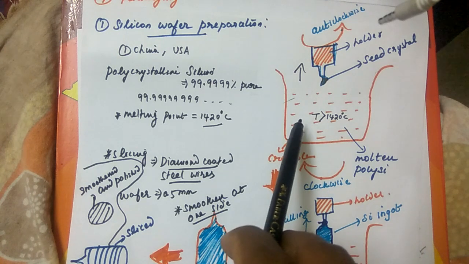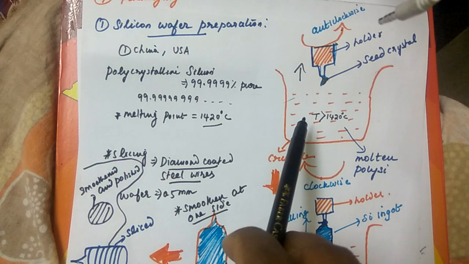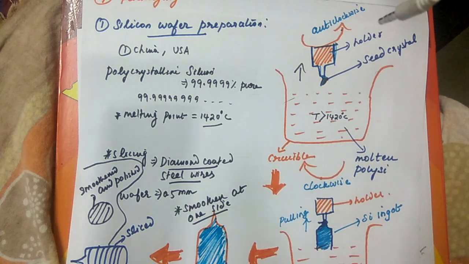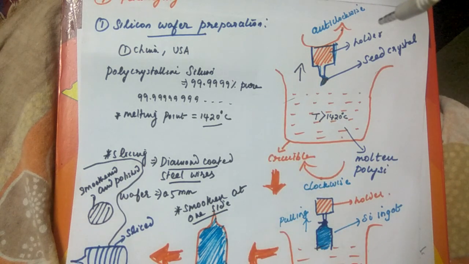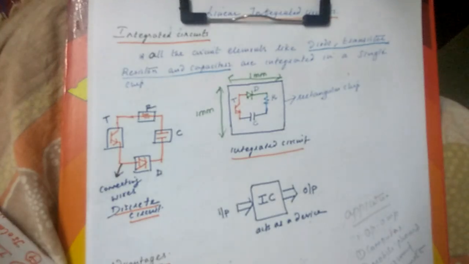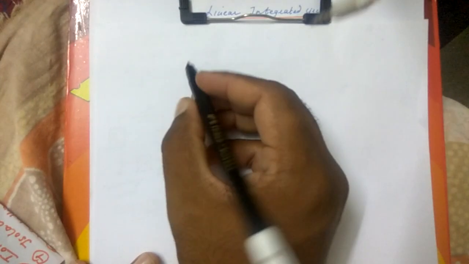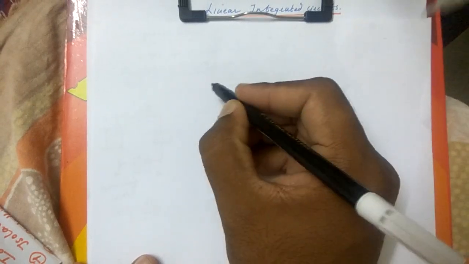You add n-type impurities if you want an n-type wafer along with this polycrystalline silicon, or you add p-type impurities to get a p-type wafer. This is how we can get a p-type or n-type wafer. The p-type and n-type wafer obtained from the silicon is differentiated by marking.